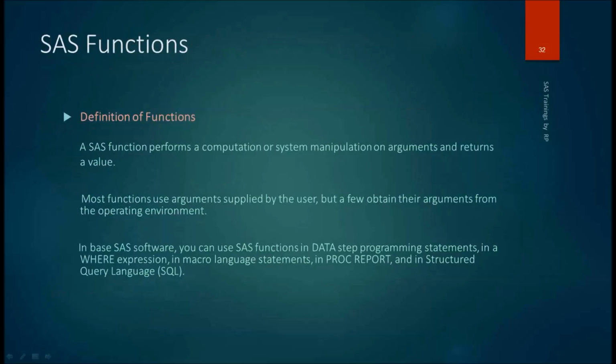SAS functions. What is a SAS function? SAS functions perform a computation or a system manipulation on arguments and return values. Most functions can be used in the data step, proc report, which means proc step, or proc SQL, based on the version the user is using.